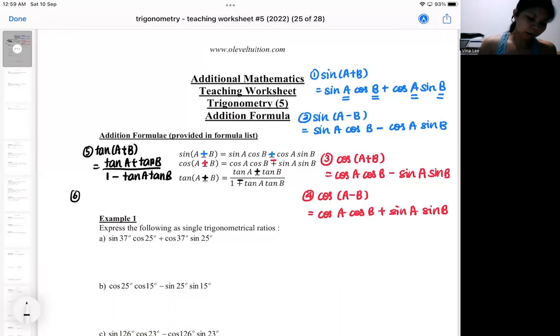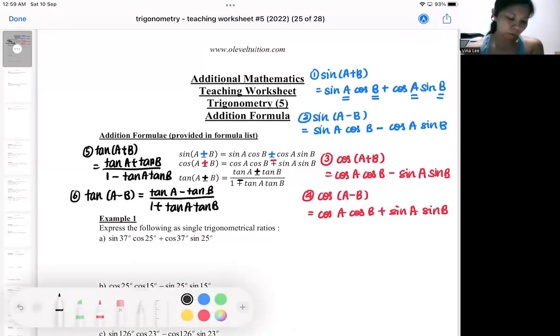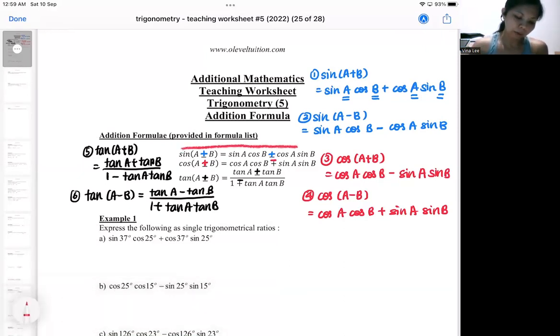If it's tangent A minus B, it will be tangent A minus tangent B, and the denominator will be a plus. Try to get used to the format. Initially, if you're not familiar, you might want to look at the 6 formulas individually. But when it is shown to you during O level, it will be shown like this, so you've got to get used to how the formula looks.